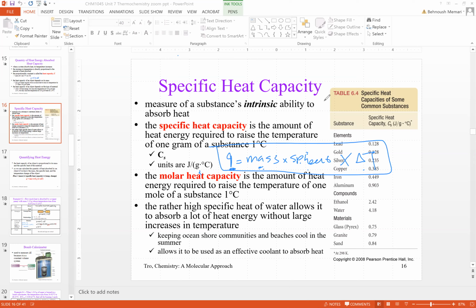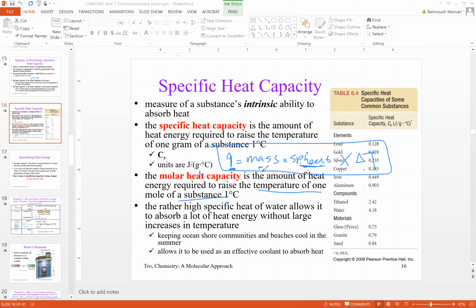Molar heat capacity would be the amount of heat that is going to increase the temperature of 1 mole of a substance by 1 degree Celsius. So a specific heat is for 1 gram by 1 degree Celsius, and molar heat capacity is the amount of heat needed to increase the temperature of 1 mole of substance by 1 degree Celsius.